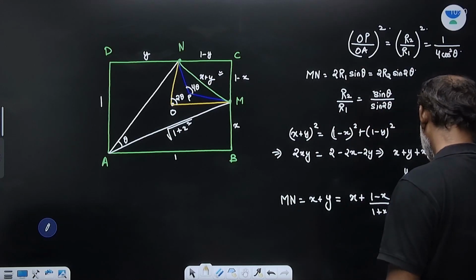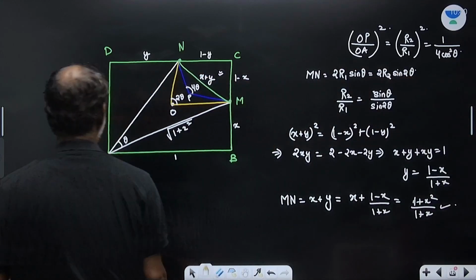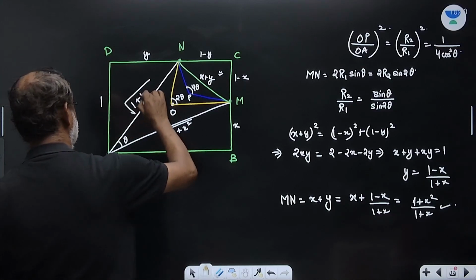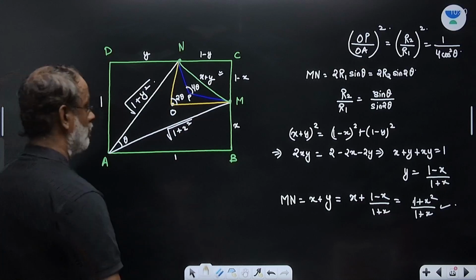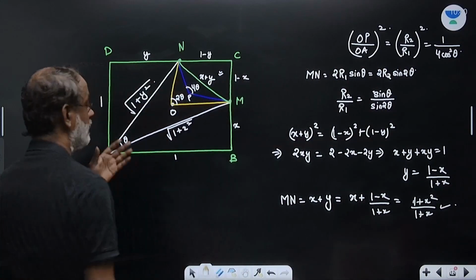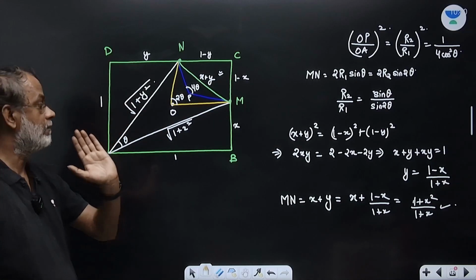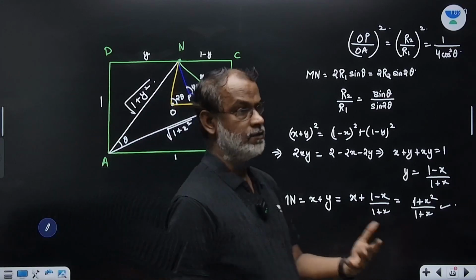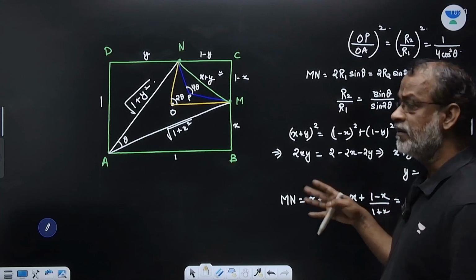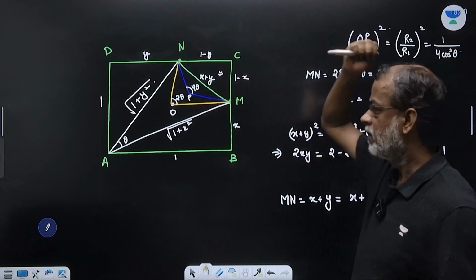AN is root 1 plus y square. Y you already know in terms of x. I am assuming that we get cos theta independent of x. Then only this question has any meaning. So first we are doing it by brute force, then we will see a geometrical way to get into it probably. At the very first instance, we are doing it by simply brute force method.